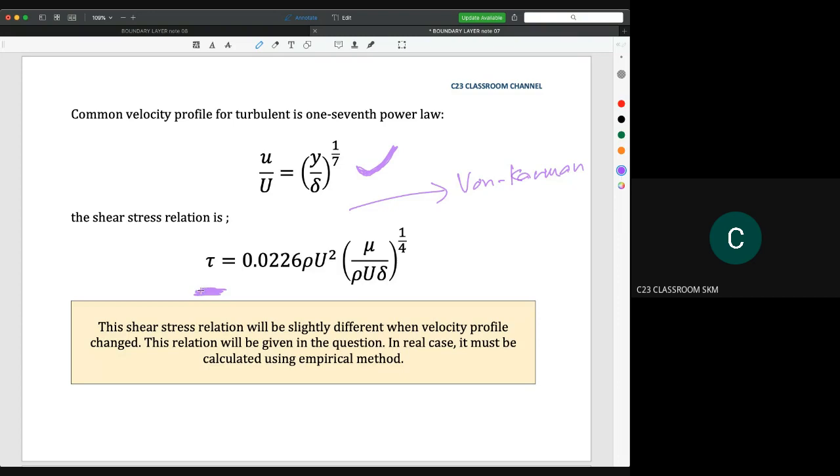This value of shear stress actually comes from the Blasius calculation or the numerical calculation. Sometimes people say it's a Blasius calculation because Blasius was among the pioneers of this type of calculation for boundary layer.